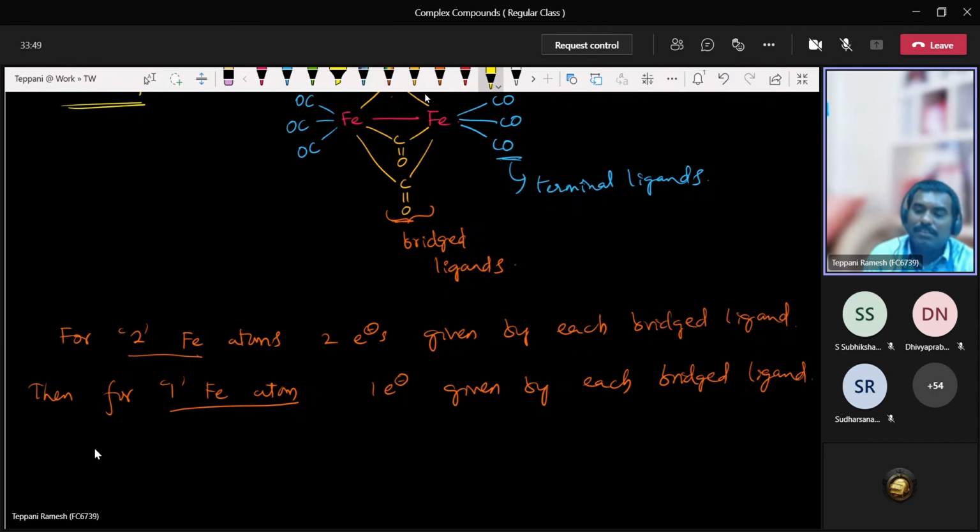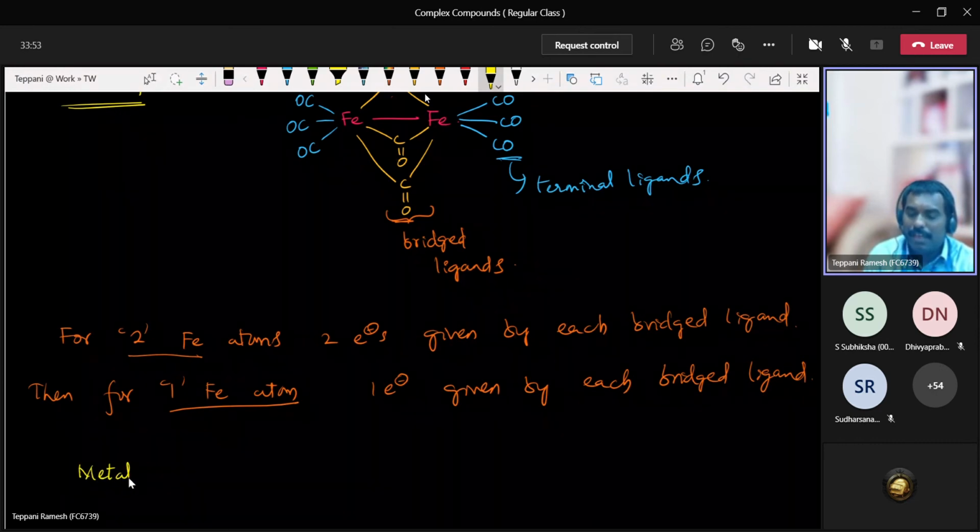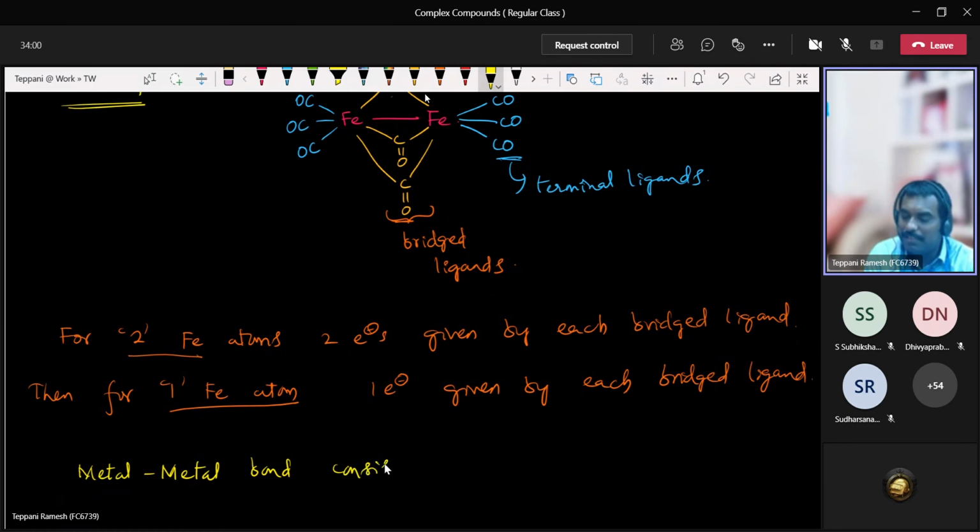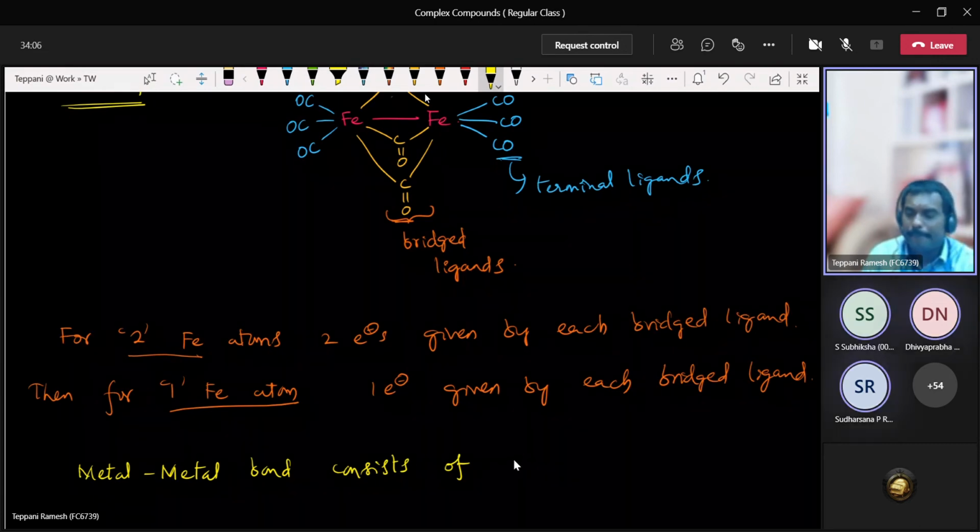In a metal bond, how many electrons will be there? A metal bond consists of how many electrons? One bond has how many electrons? 2 electrons.